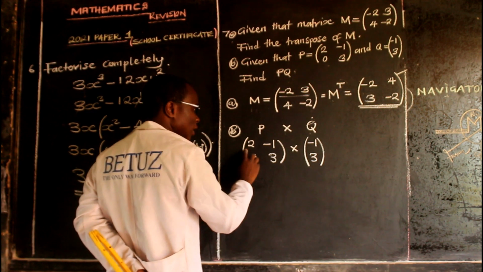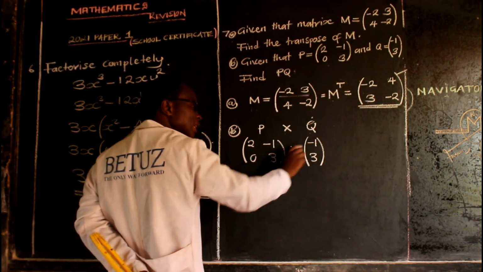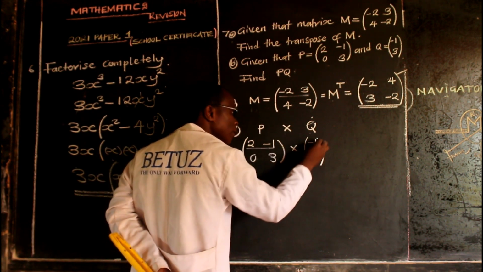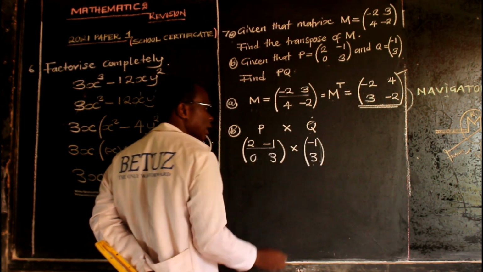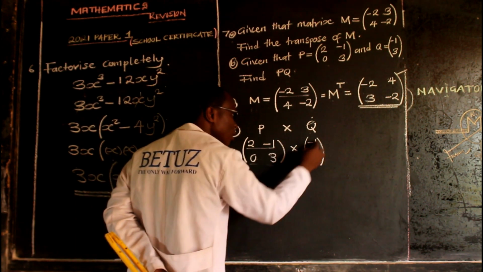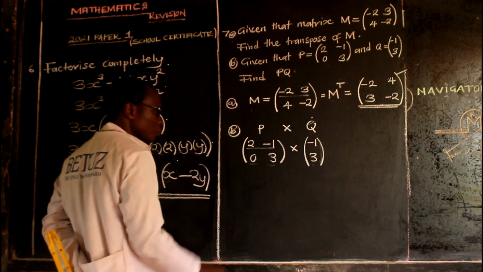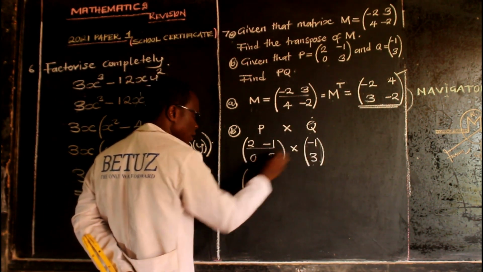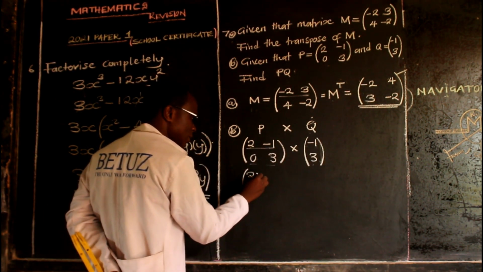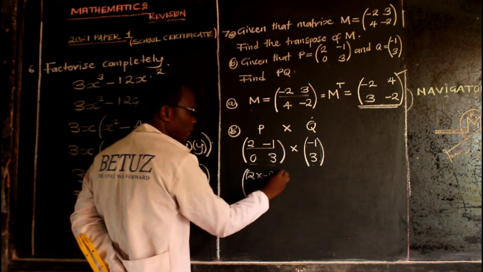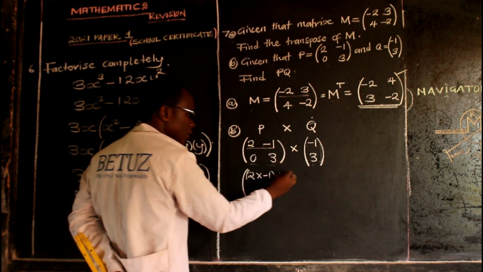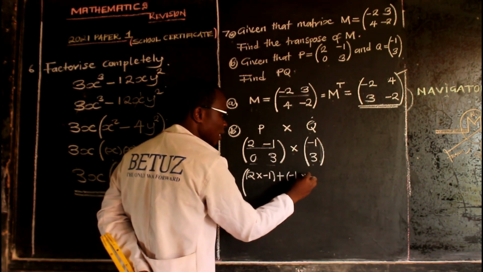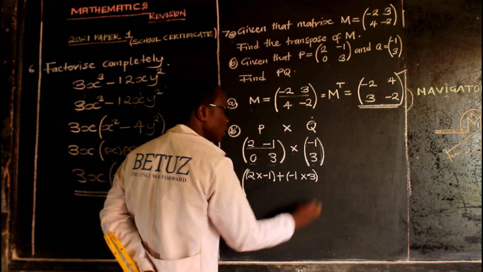This one is a 2 by 2 matrix, and this one is a 2 by 1. So we're going to multiply this row by this column. Again, we're also going to multiply this row by this column. So let us proceed. It says 2 times negative 1, plus negative 1 times positive 3.